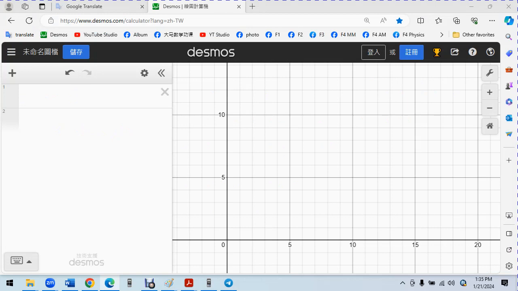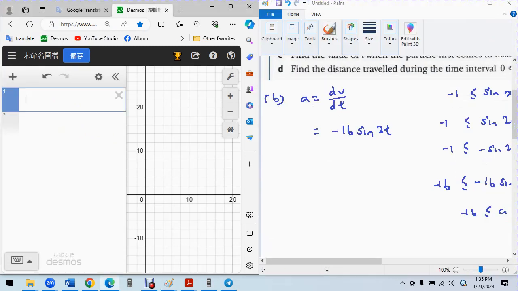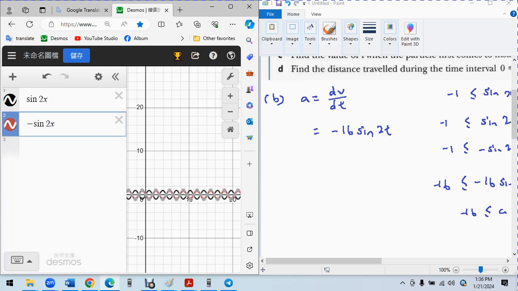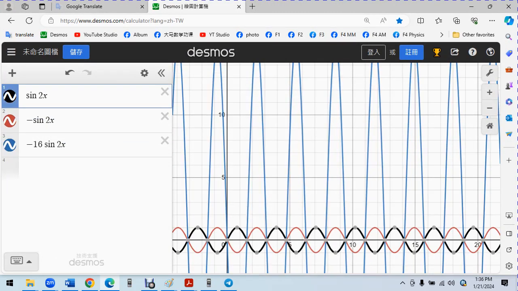We can use the graph to demonstrate this one. Sin 2x will be this graph. Then we have negative sin 2x looking like this, and we have -16 sin 2x with this. So the highest is 1 and the lowest is -1.